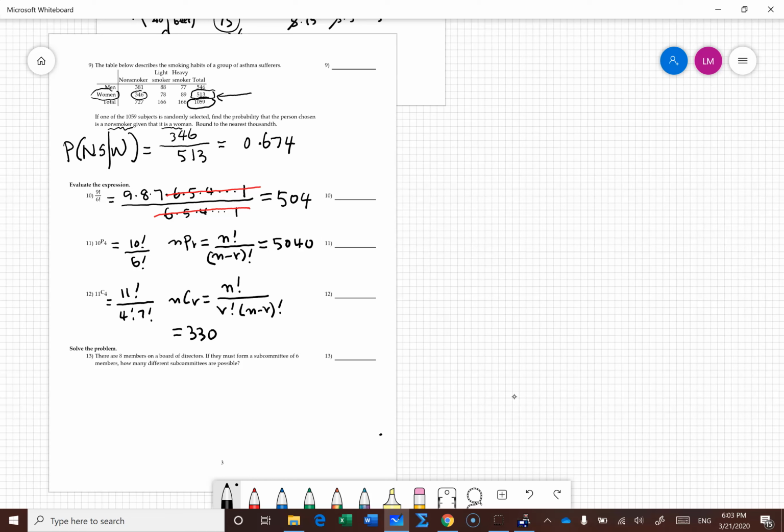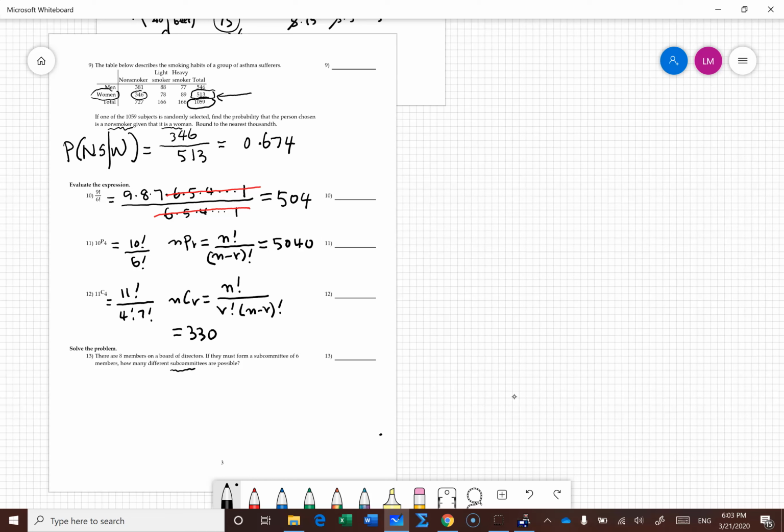All right, let's look at question number 13. Okay, 13 says, there are 8 members on a board of directors. If they must form a subcommittee of 6 members, how many different subcommittees?